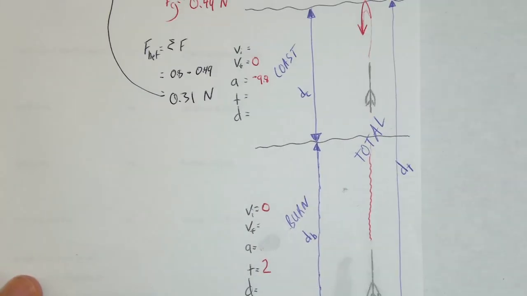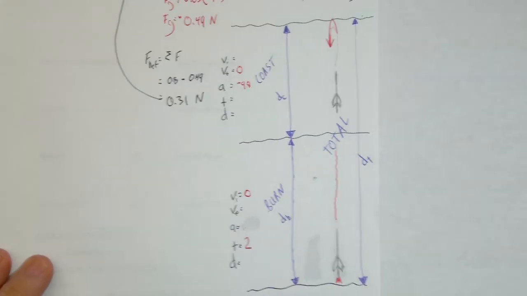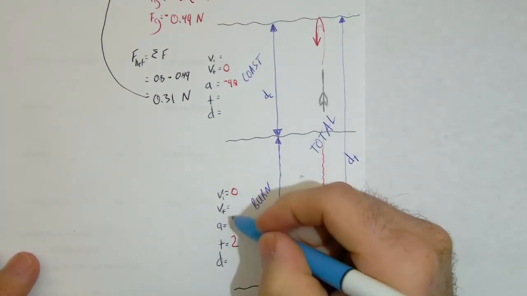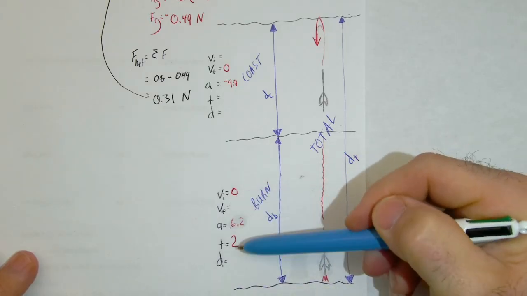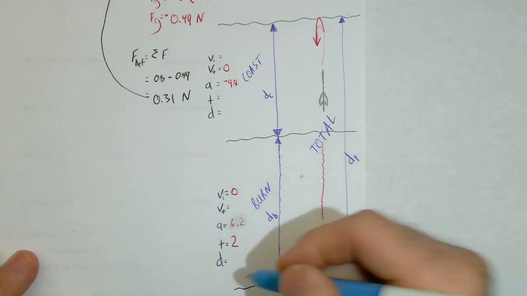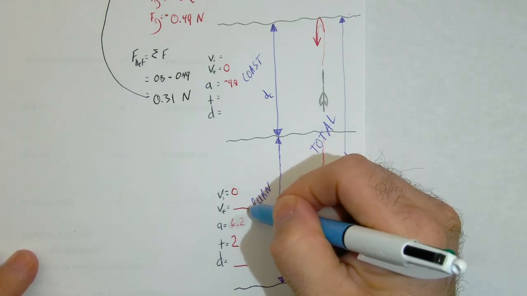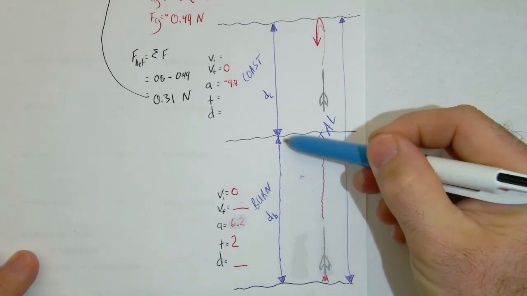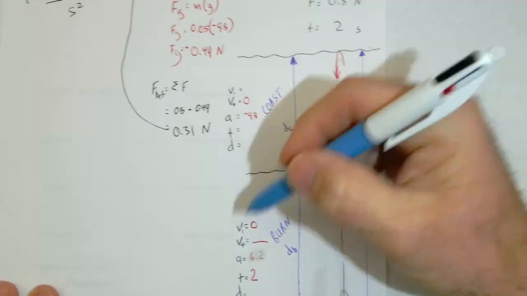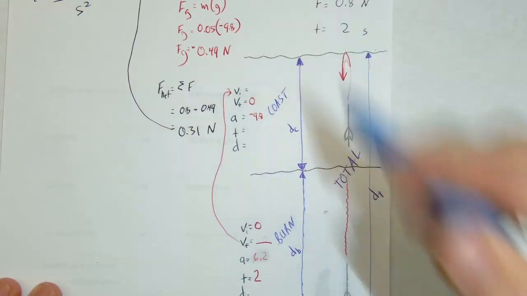If you remember, we needed another thing in this burn phase to figure out what's going on. My acceleration is going to be 6.2. That's going to get me three things. That's going to enable me to calculate my displacement and also my velocity final. And in fact, the velocity final here, as it's traveling up, is actually going to be your velocity initial.